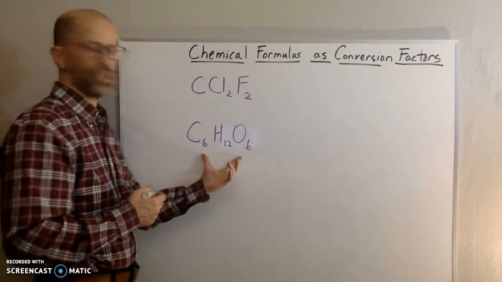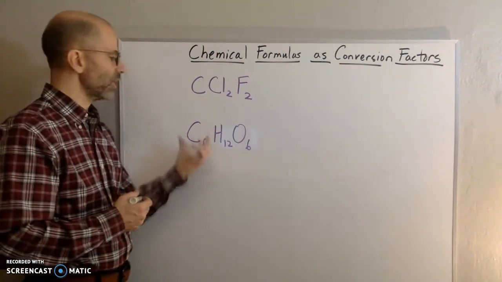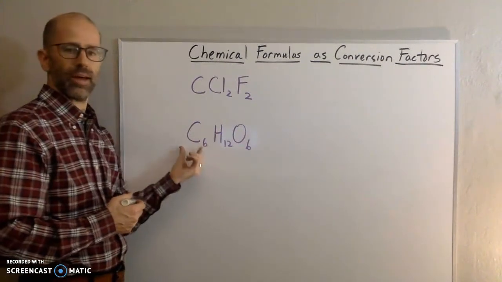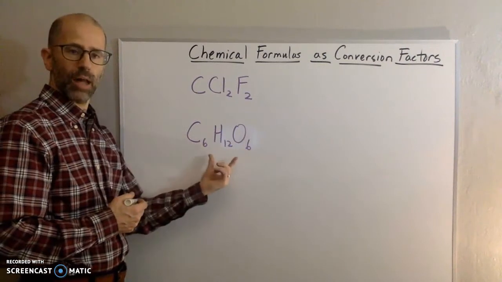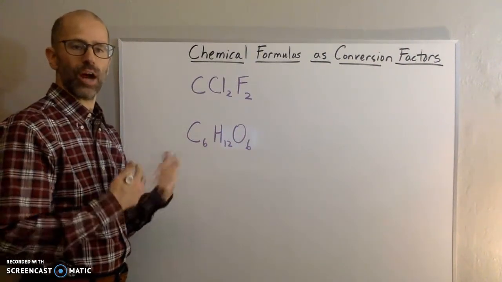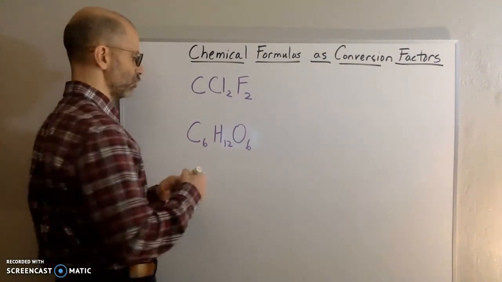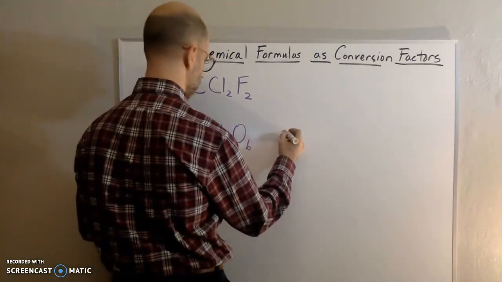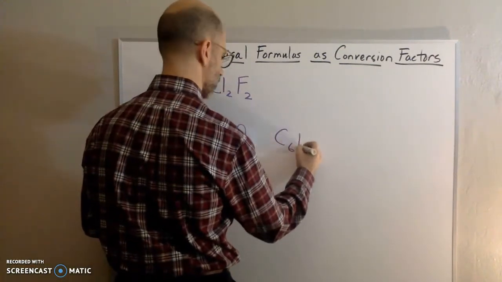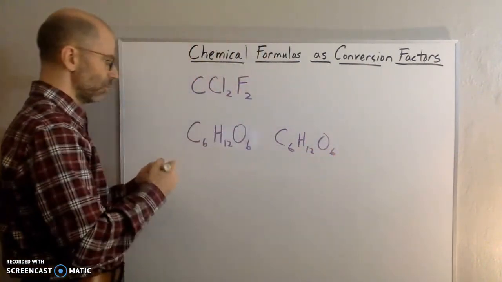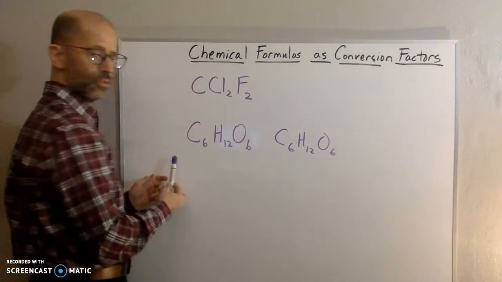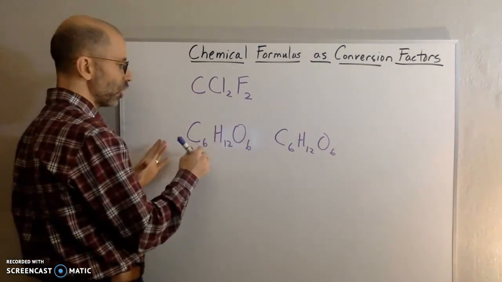So it's just that number. So this ratio between one of these and the number of atoms in the molecule doesn't change regardless of how many I have. So if I have 2 of these, so if I draw another one, C6H12O6, now I have 2 of these. So now what's the ratio?